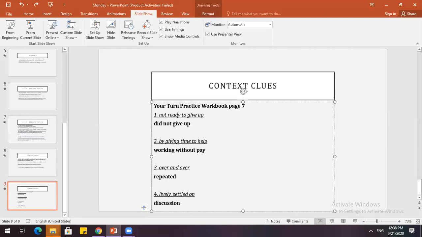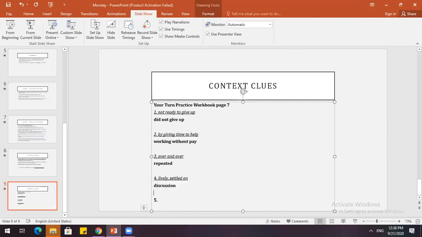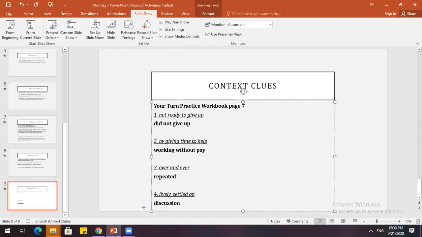They are the same sentences, but you are right. That's right. They are the same sentence, and we are looking for different clues. You are right. Yes, you're right. I did call on you, Tito. Okay, dear, do number 5.